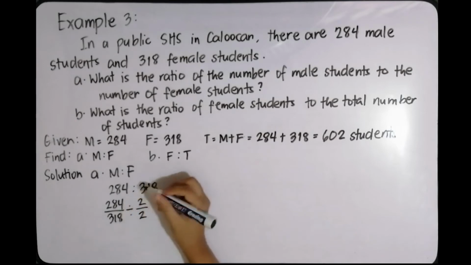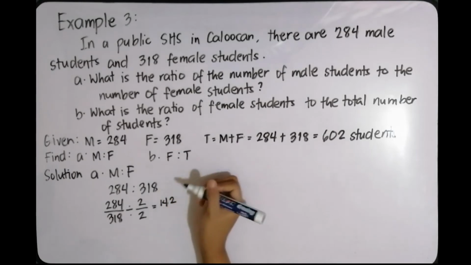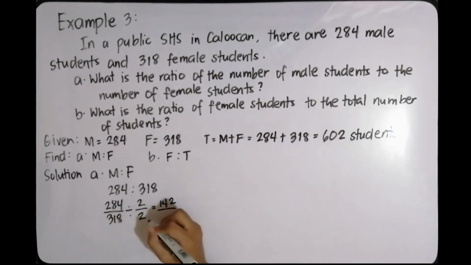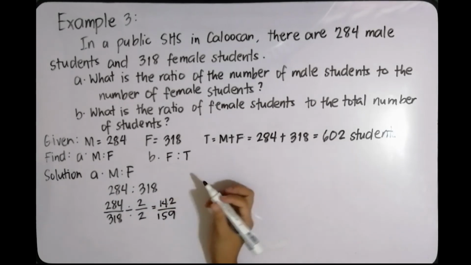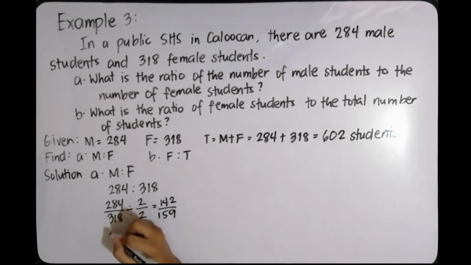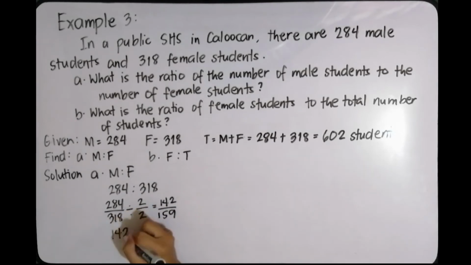So 284 divided by 2 equals 142, and 318 divided by 2 equals 159. So the ratio of the number of male students to the number of female students is 142 is to 159.